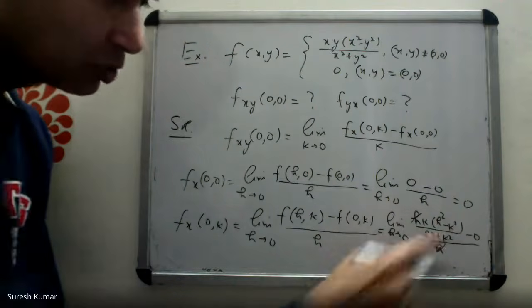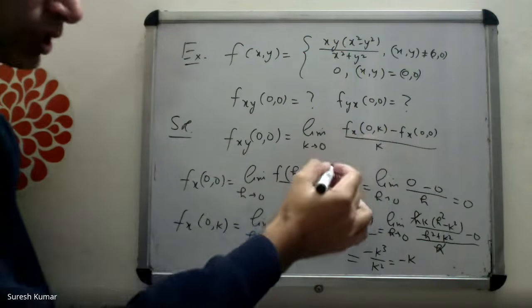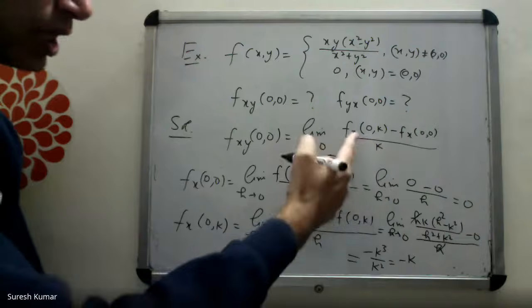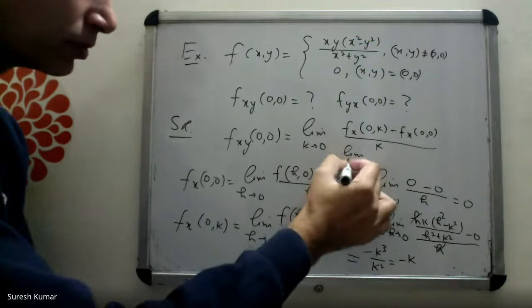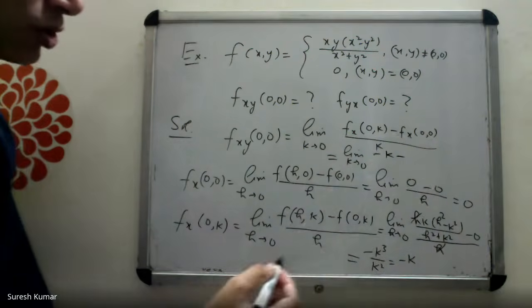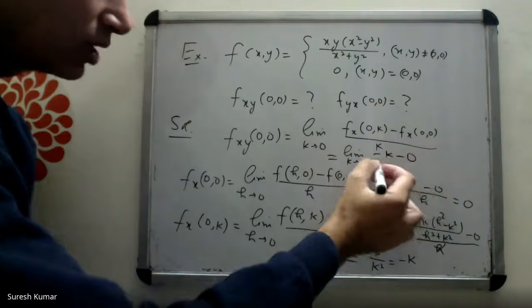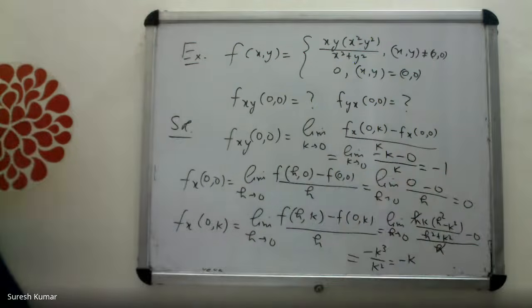So minus k cube over k square, so minus k. Now you can replace the values in this limit. fx at (0,k) is minus k, and fx at (0,0) we have found 0, divided by k. What do we get? Minus 1. fxy at (0,0) is minus 1.